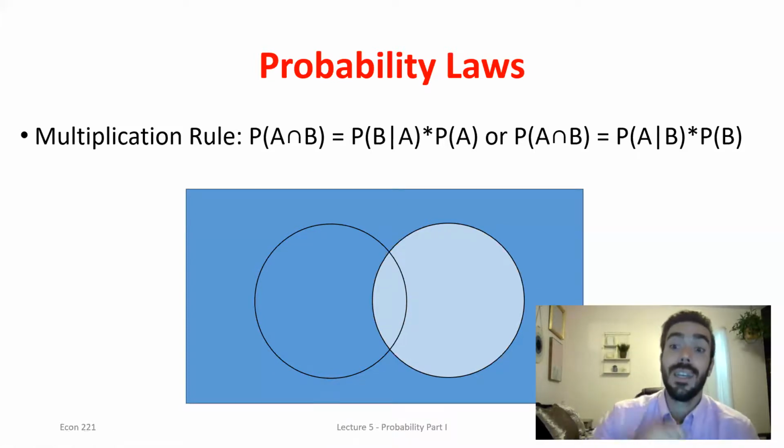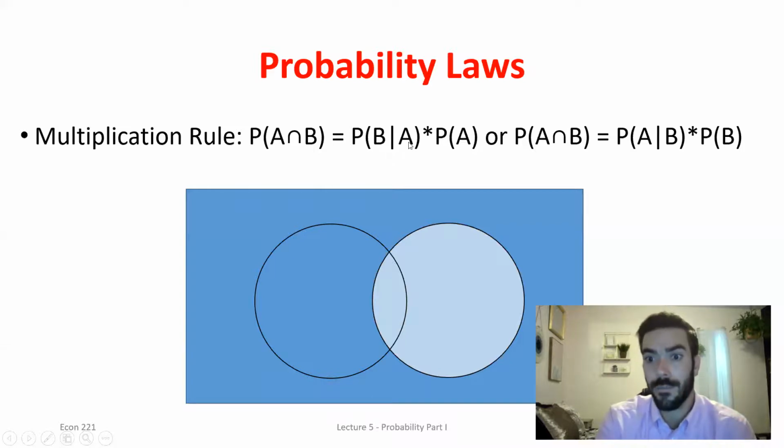I'm just looking for the conditional probability of B because I'm looking for the probability of B conditioned on A having already occurred, right? Given that A has occurred, what's the probability that B occurs?